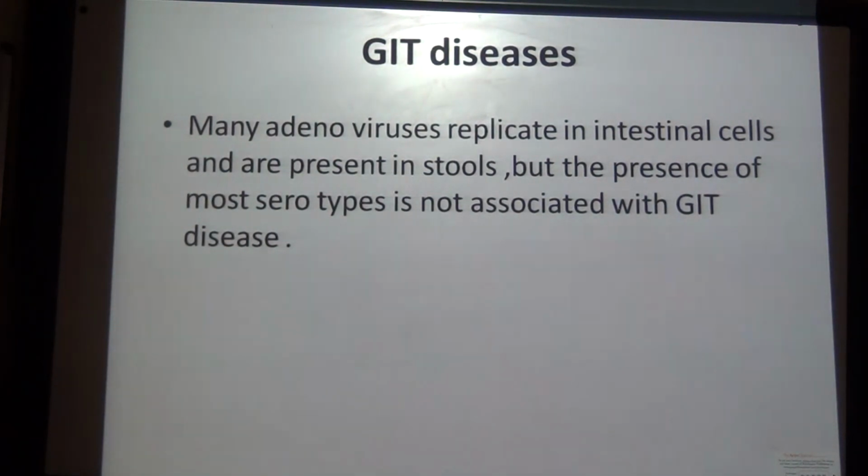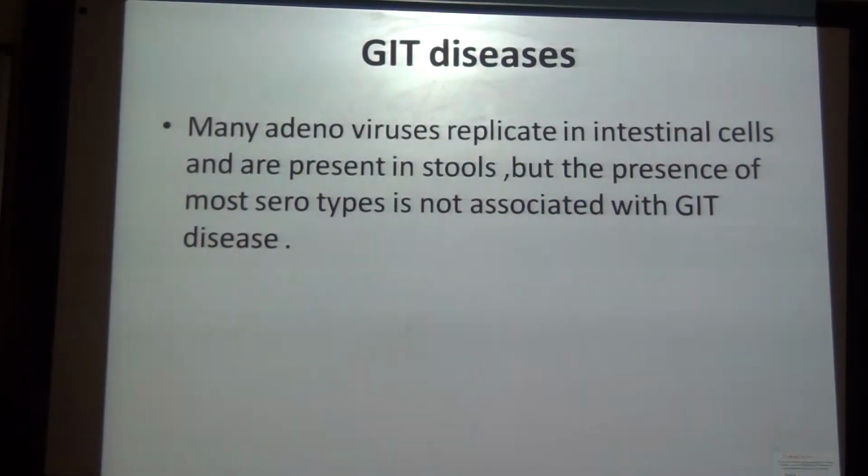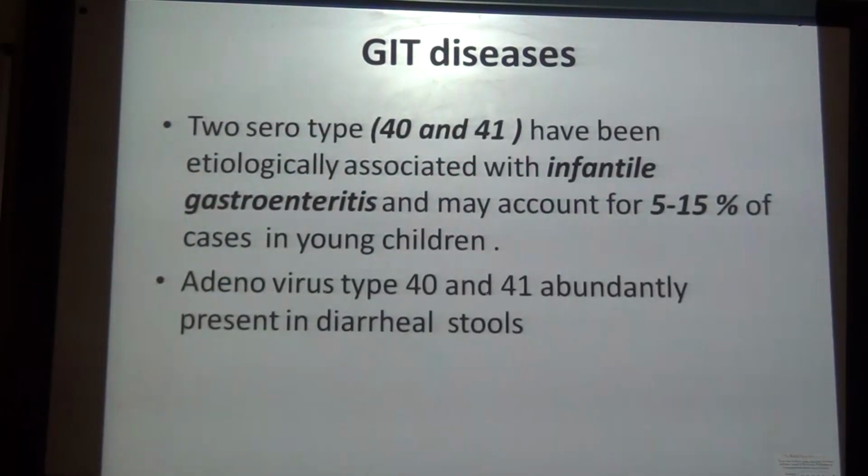Various types of adenoviruses can cause GIT symptoms. The adenoviruses replicate in intestinal epithelial cells, and they may be present in stools, but the presence of most serotypes is not associated with GIT symptoms.